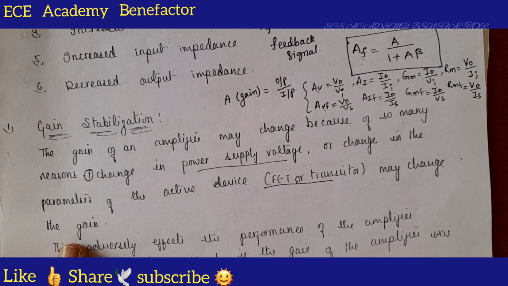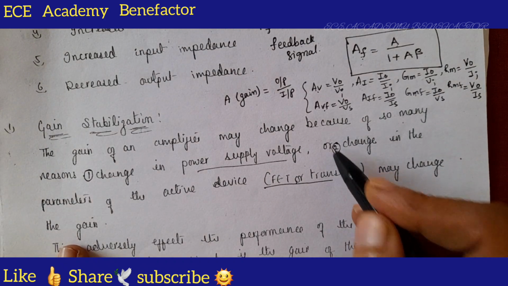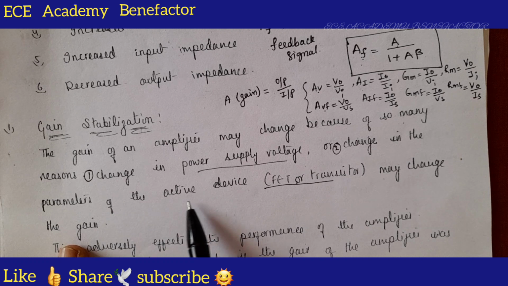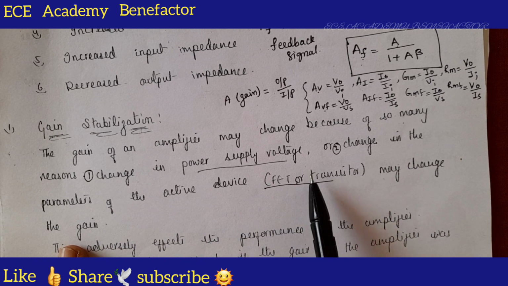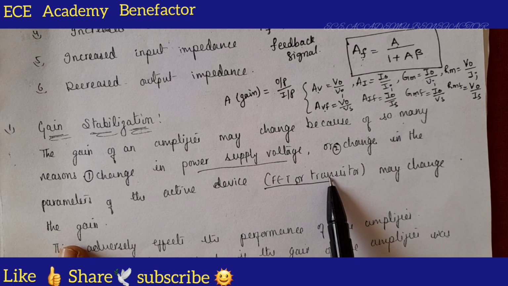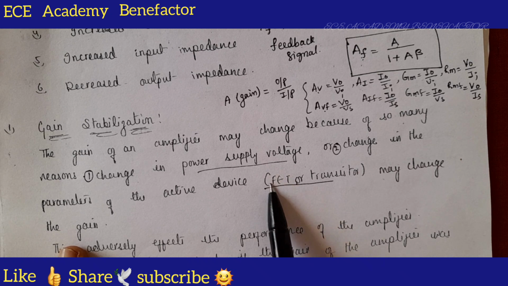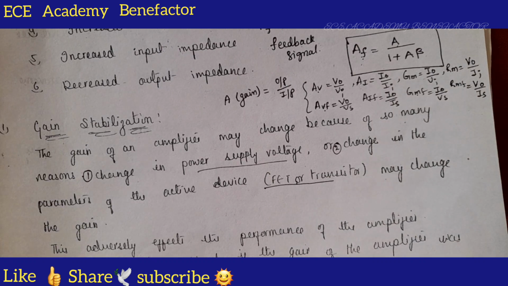So, these are the two basic reasons why the gain of the amplifier changes: due to change in power supply voltage or due to change in the parameters of the active device like FET or transistor, which are the active devices. Whether it is an amplifier designed using transistor or using FET, the parameters of the active device may also change the gain of the amplifier.